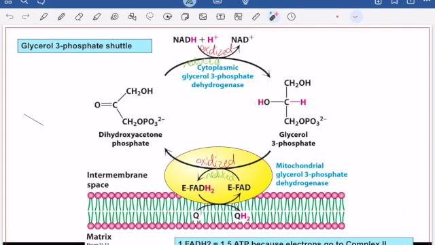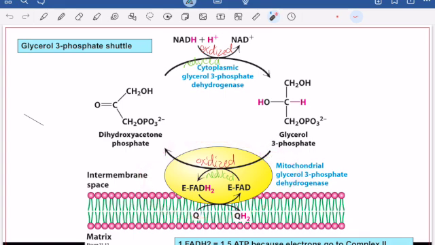Now, the G3P shuttle is going to pass electrons from NADH to dihydroxyacetone phosphate, reducing dihydroxyacetone phosphate to G3P and oxidizing NADH to NAD+. This enzyme here is bound to the inner mitochondrial membrane.